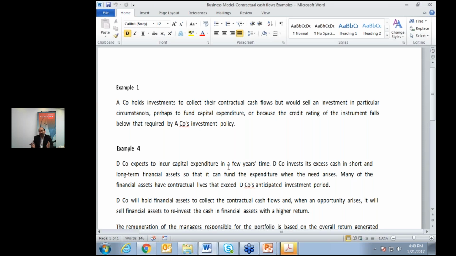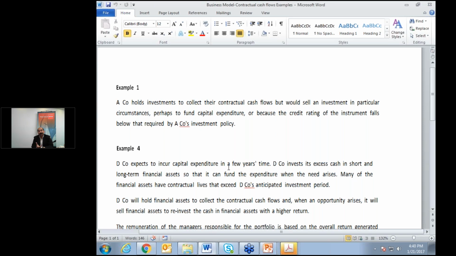Like if you are holding a number of financial assets and your objective is to hold them to collect their contractual cash flows, but sometimes some sales happen during the year, maybe for capital expenditure or for any other reason, this would not contradict that objective. This means from the standard's point of view, their business model is intact.